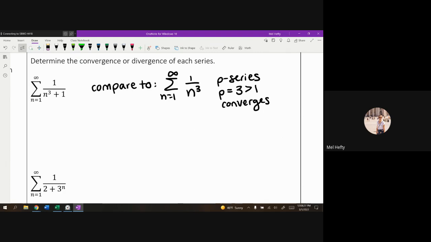So what I'm hoping is that this nth term is smaller than this nth term. All right, remember that we only have to have that be true on the domain. So for n greater than or equal to 1, is that inequality statement true? Are you convinced?